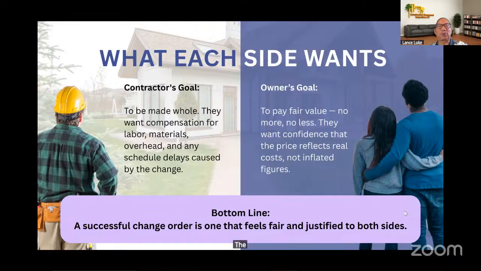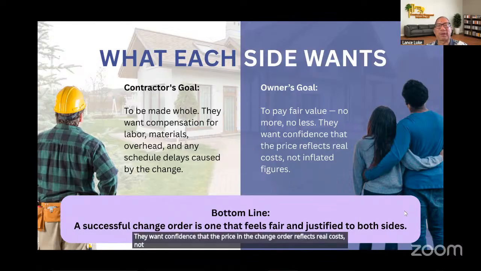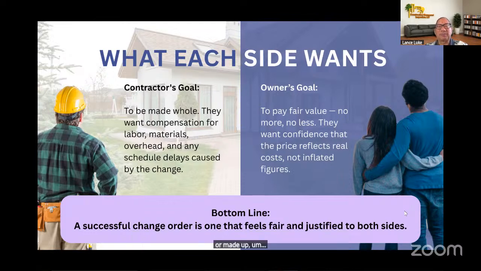The owner's goal is to pay a fair value, no more, no less. They want confidence that the price in the change order reflects real costs, not inflated figures or made-up amounts, so that the contractor doesn't get more money than what they're really entitled to.